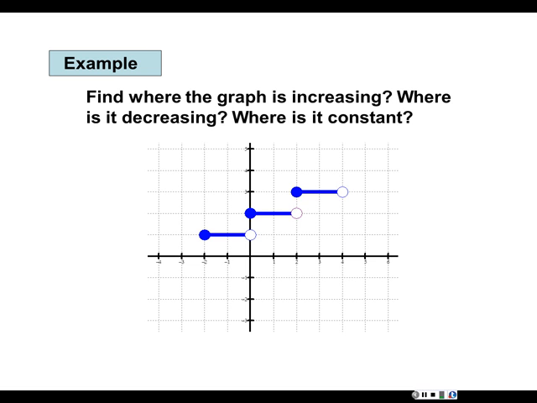But remember, as I said, it has to be an open interval. Now, let's say you take from here to here. Okay. Now somebody said it's increasing, right? Can you show me where it is increasing? Which interval is increasing?